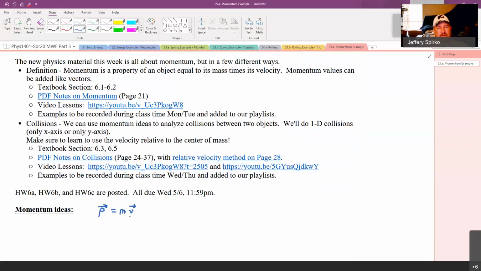So they all pertain to a single object. But one thing we like to do is combine objects, get a total momentum, which is the momentum of object 1 plus the momentum of object 2 plus dot, dot, dot.